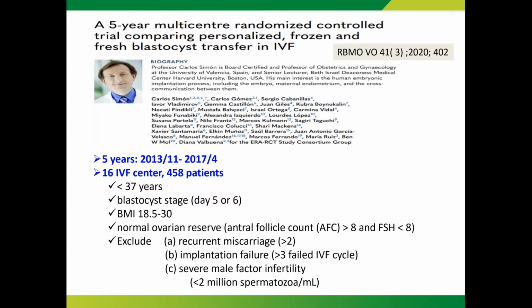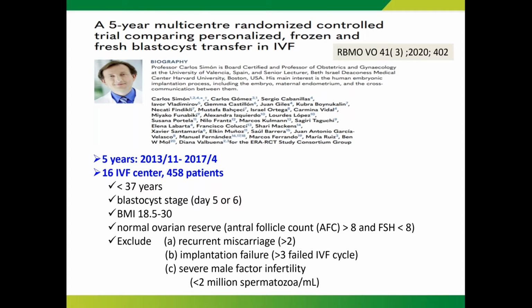indicated from November 25, 2013 to April 13, 2017. Infertile patients undergoing IVF were recruited at their first appointment. We include women scheduled for embryo transfer at the blastocyst stage, day 5 or day 6.